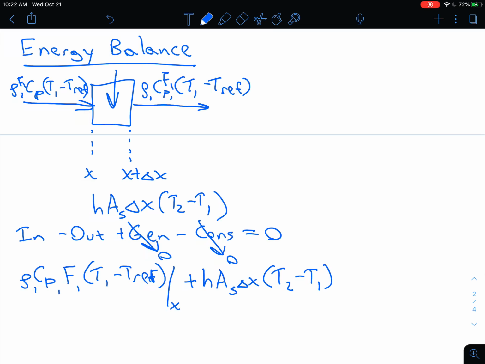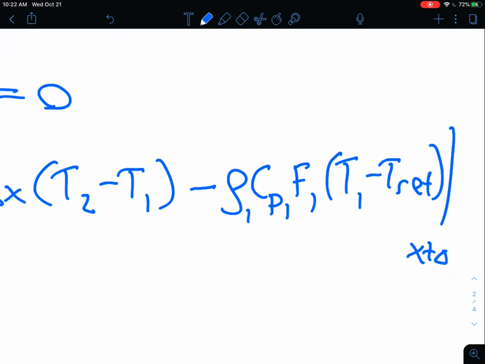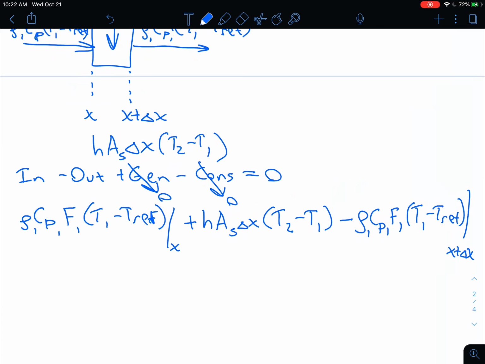The output is going to be rho 1 CP1 F1 T1 minus T ref evaluated at x plus delta x. And this is going to equal 0.